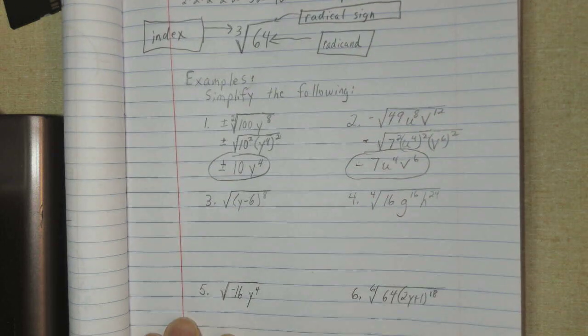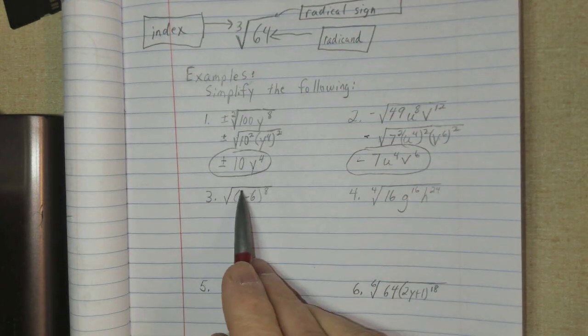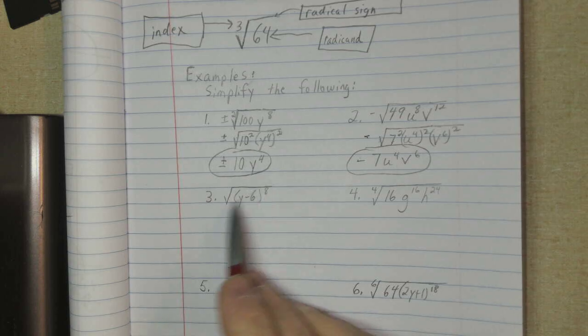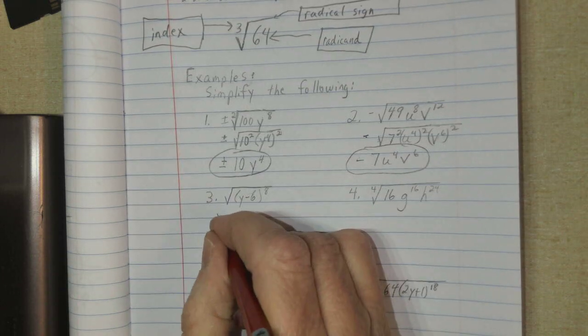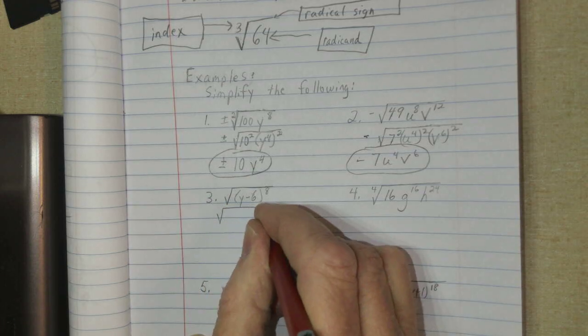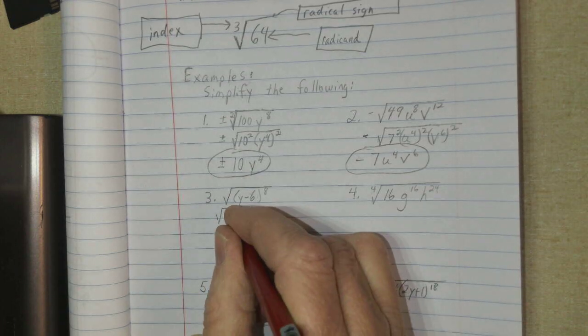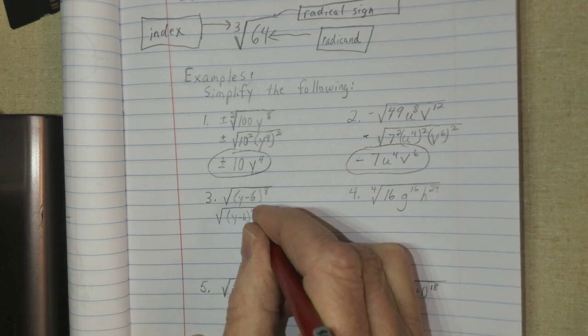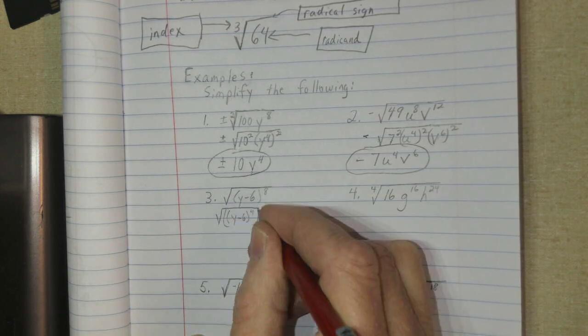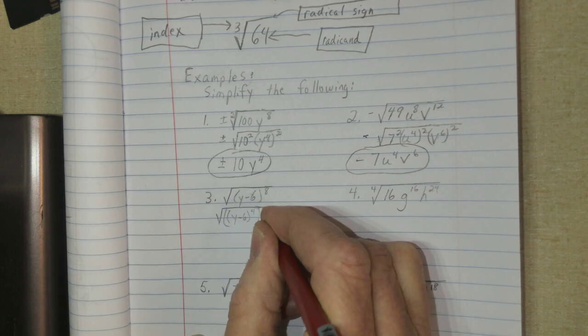Alright, one more square root. Now I've got a quantity of y minus 6 to the 8th, and I'm taking the square root of that. I'm going to rewrite the power. y minus 6, I'm going to change to the 4th power and square that.